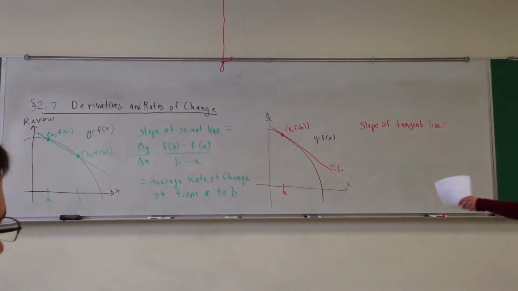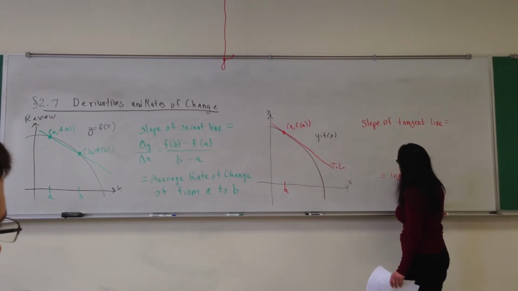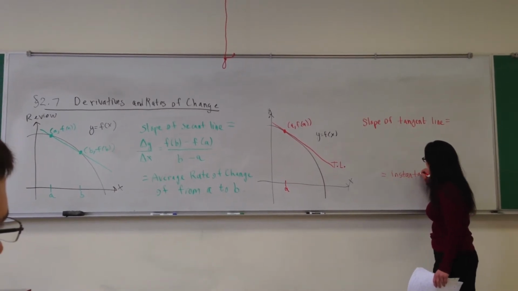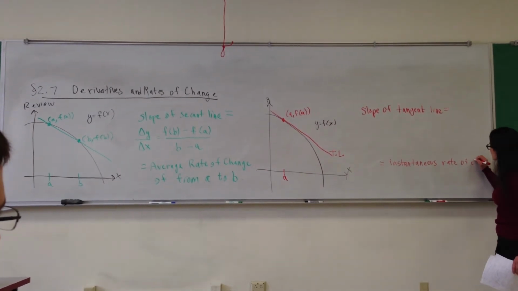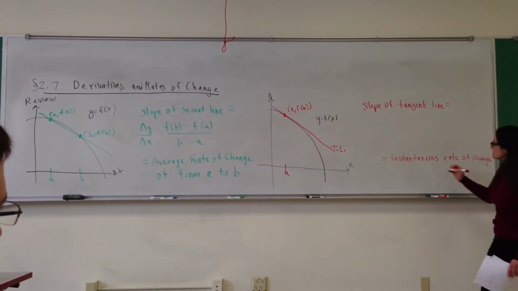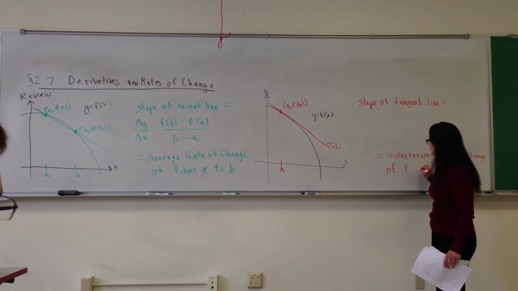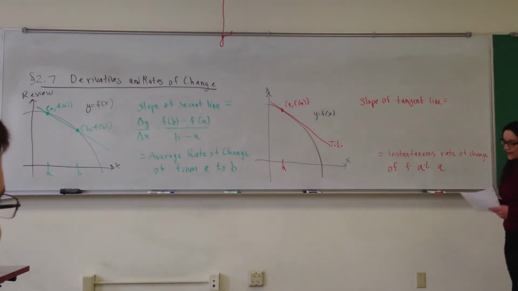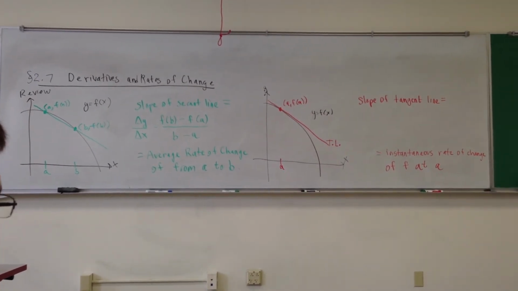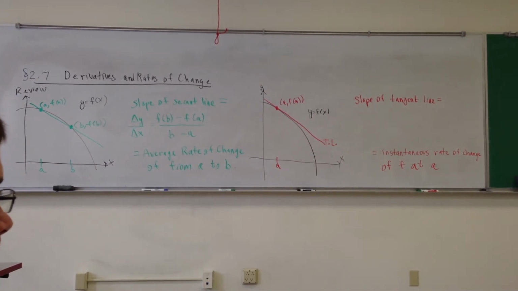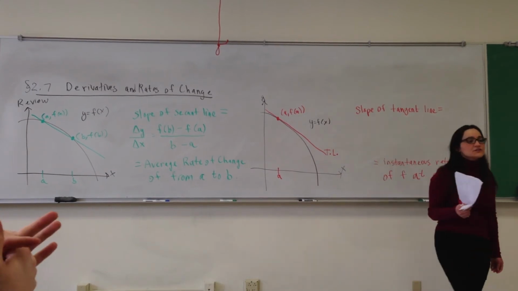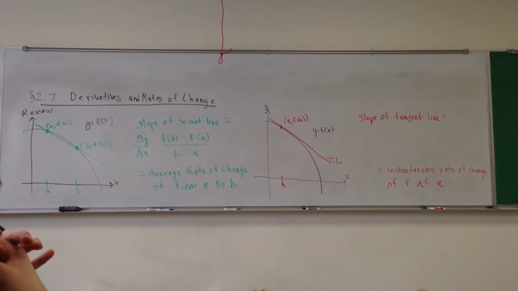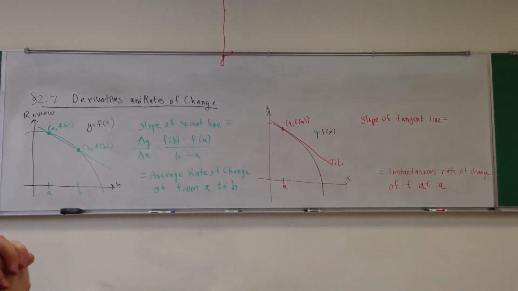Okay, so in terms of rates of change, this is the instantaneous rate of change of f at A. And to compute, so in practice, when we computed the slope of the tangent line, how do we compute it? We use the limit of what?